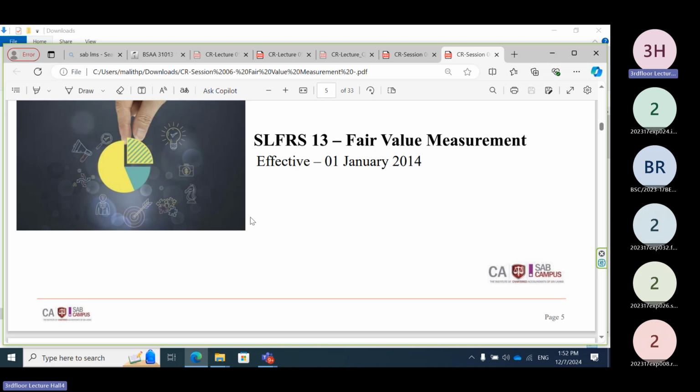What's the double entry you are going to put? This is a deductible temporary difference. You have recognized the deferred tax asset. So then deferred tax asset account debit.